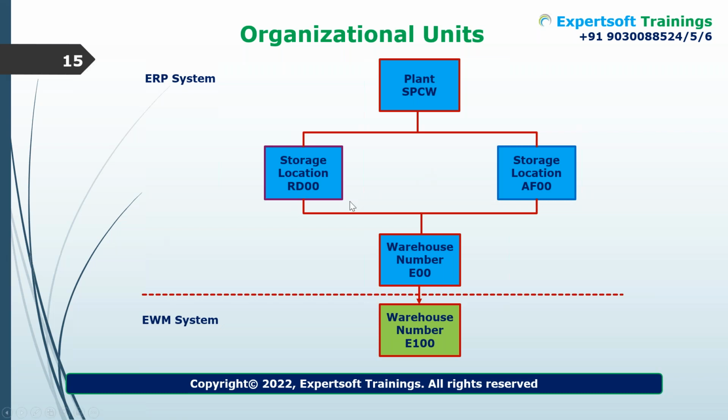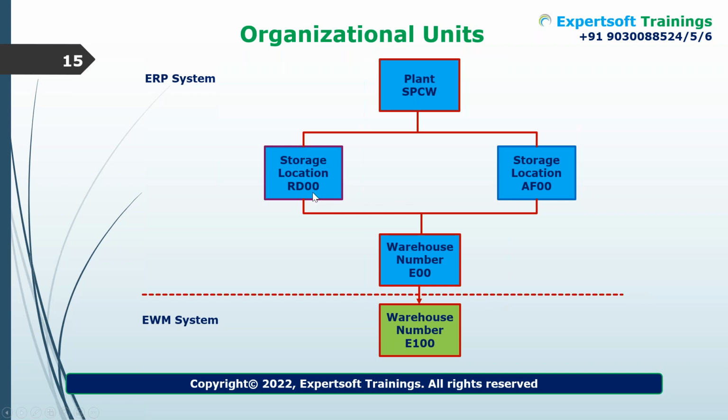That's why there are two different storage locations. Whenever you receive stock, you receive it at the receive on dock storage location, and once received, you will put it away into your available for sale storage location.